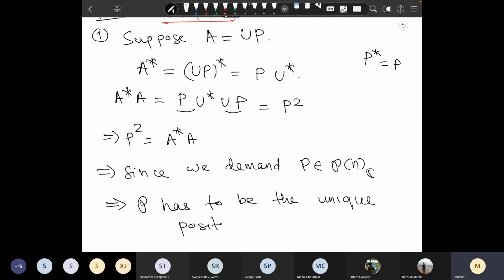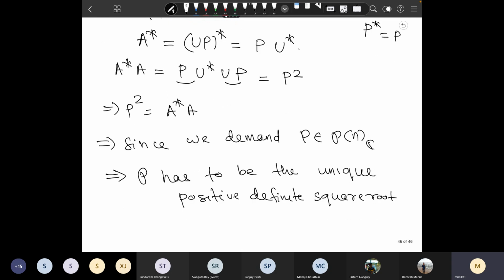positive definite square root of A star A, since A star A is positive definite.